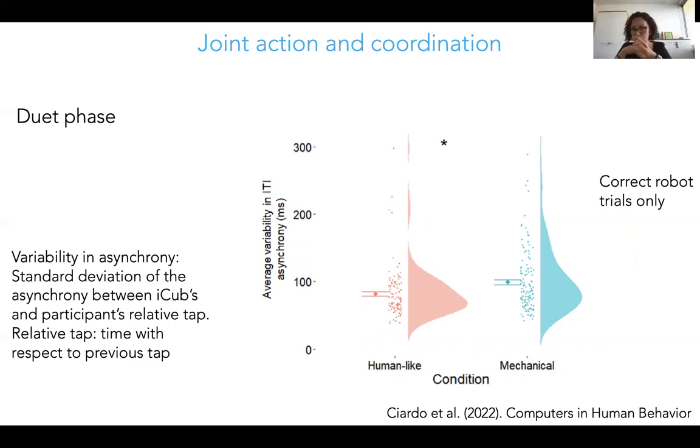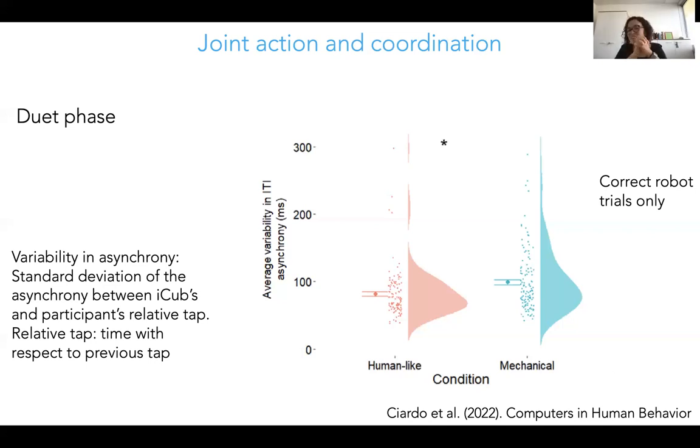And a decrease of variability is actually a marker signaling cooperation. This is observed in humans, but also in the animal kingdom. The moment you compete with someone, you increase variability because you want to be more unpredictable. The moment you decrease variability is because you want to cooperate and signal cooperation to your partner.